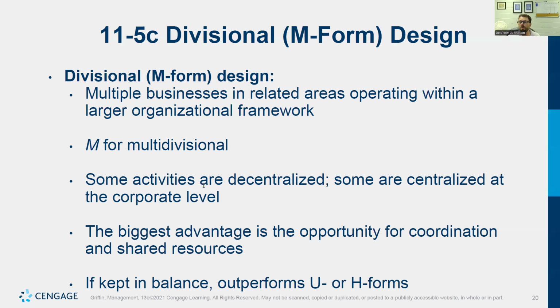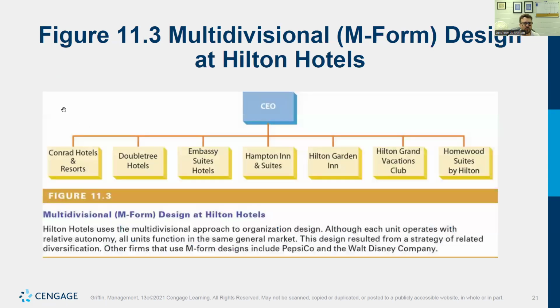But then where we need quick decision making and more of a team product focus, we can have those in their own divisions separately. So here's an example in this case of Hilton Hotels, where each of the brands is its own division. Now, what they don't show is that across here, you might have, say, one overall procurement department or one overall, I don't know, accounting department that offers staff services to all of the divisions.